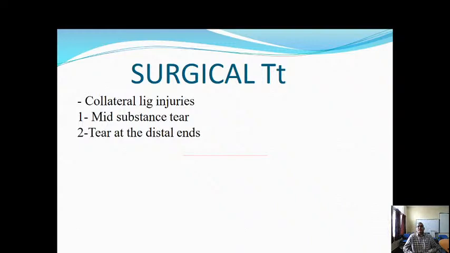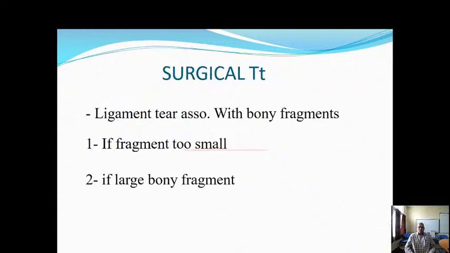Surgical treatment for collateral ligament injuries: first is mid-substance tear and tear at the distal end. If it's a mid-ligament tear associated with bony fragments, if the fragment is too small, we need to reconstruct the ligament. If it's a large fragment, we go with fixation of the fragment with K-wire.